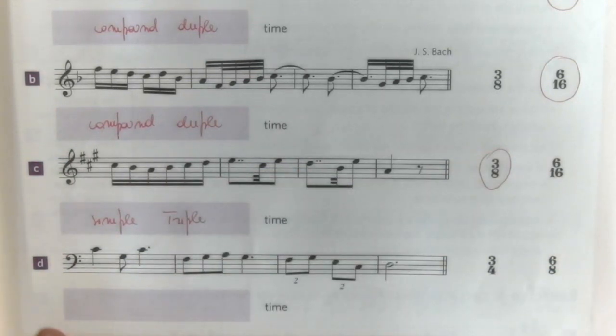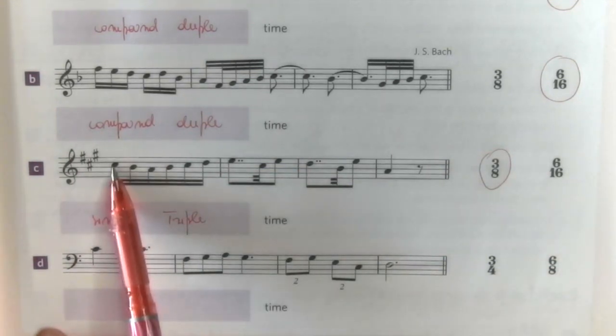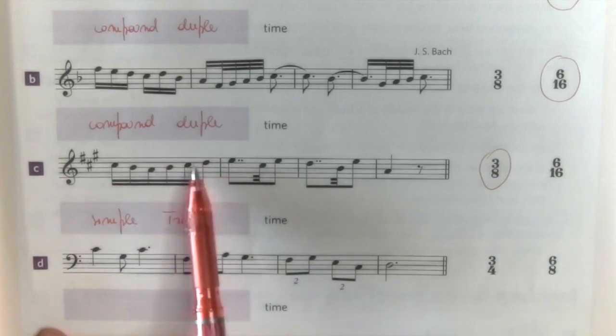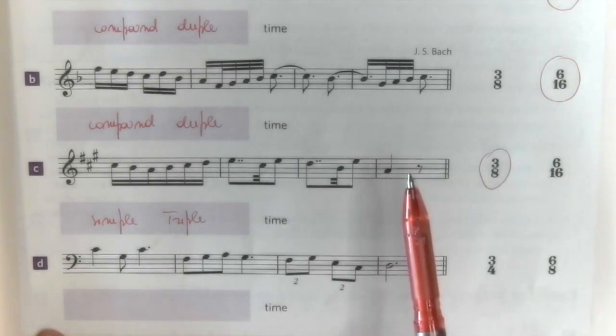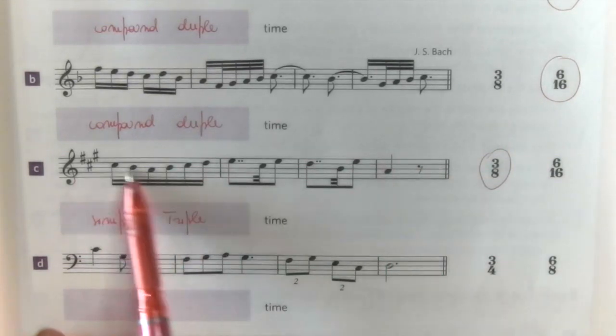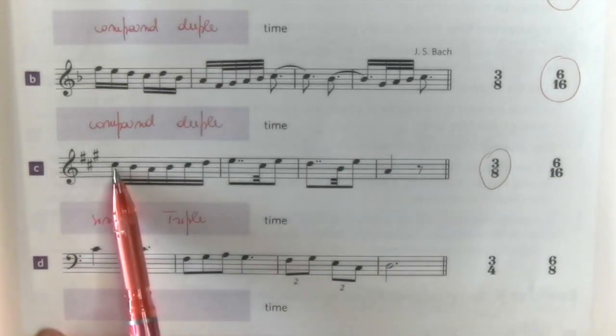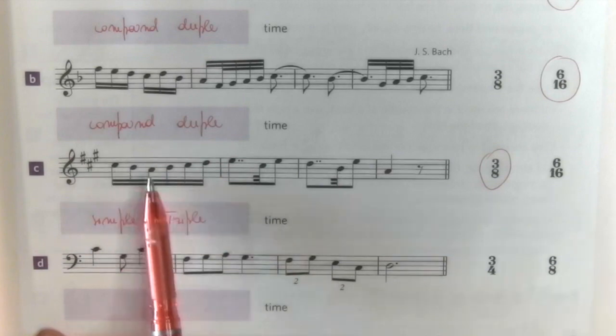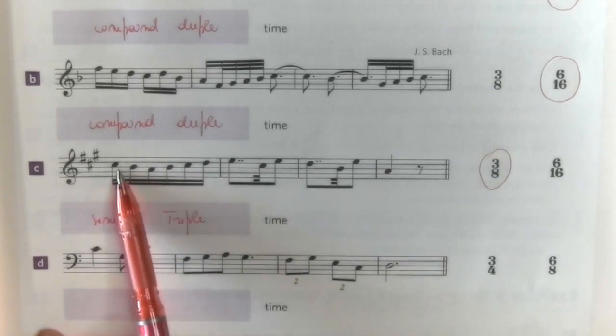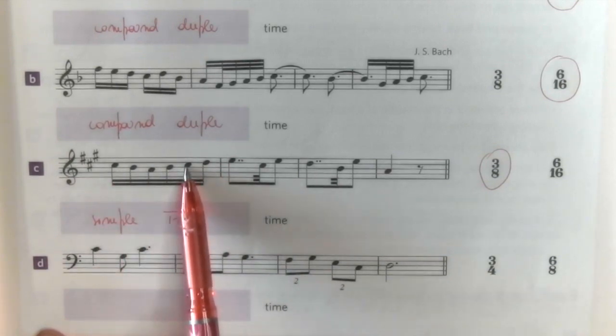Why simple? Because the subdivisions are 2. 1 and 2 and 3 and. Here, 1 and 2 and 3 and. But with the semiquavers, you can see it, visualize what I'm saying, because every subdivision has a semiquaver to be marked with. So 1 and 2 and 3 and.